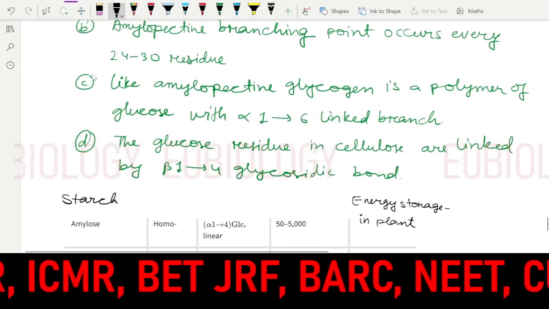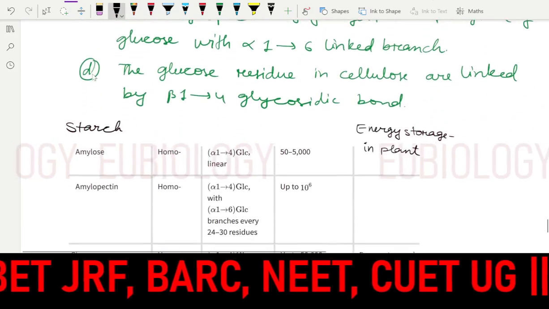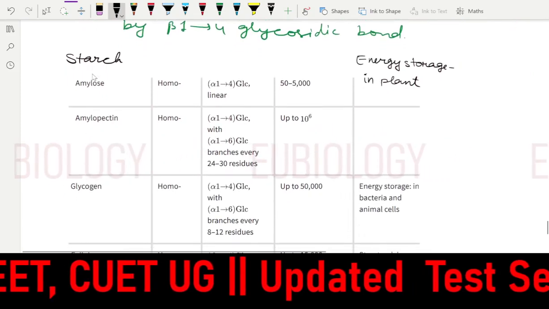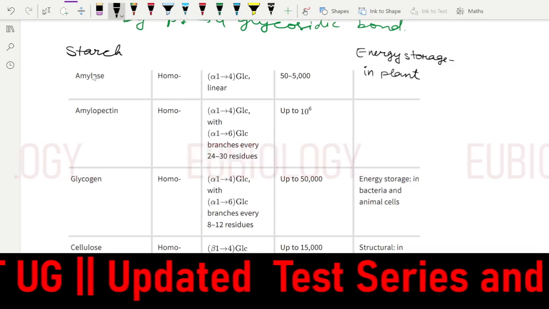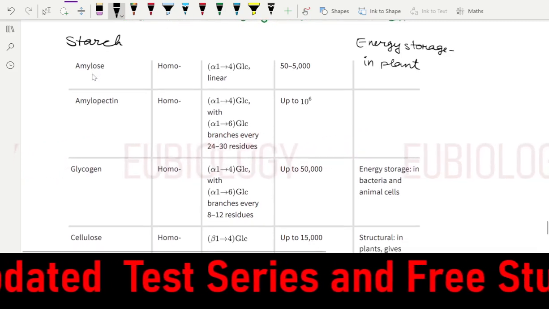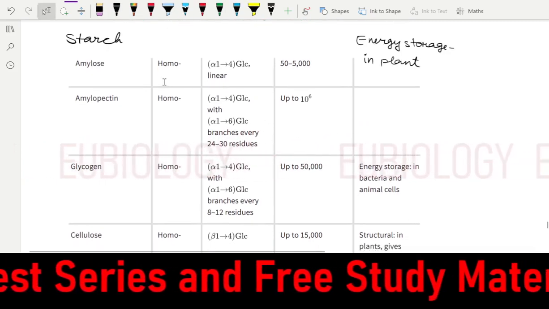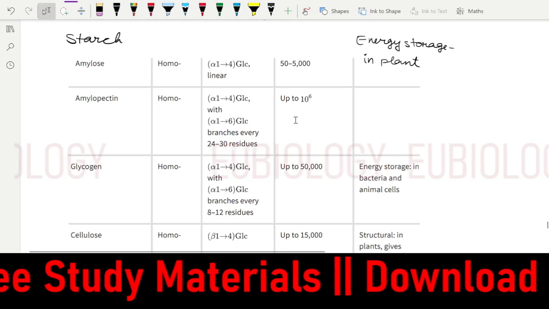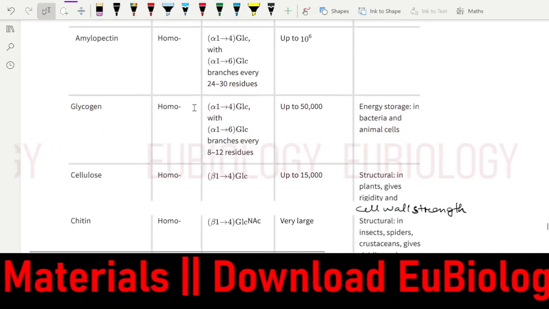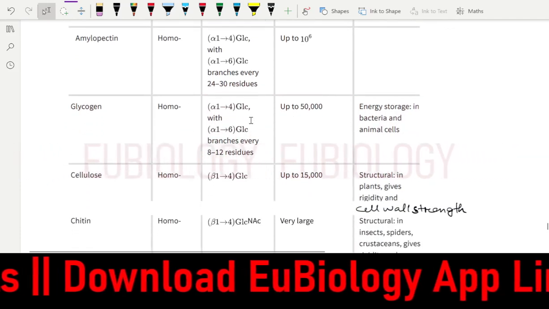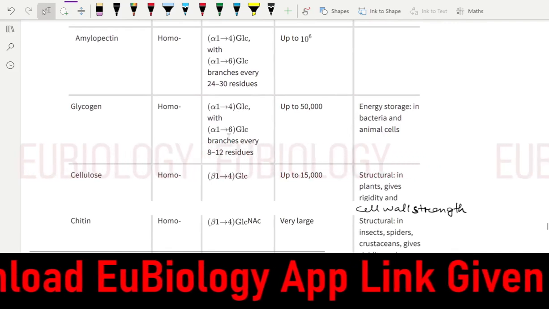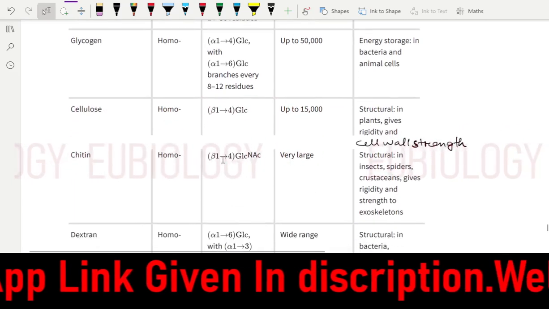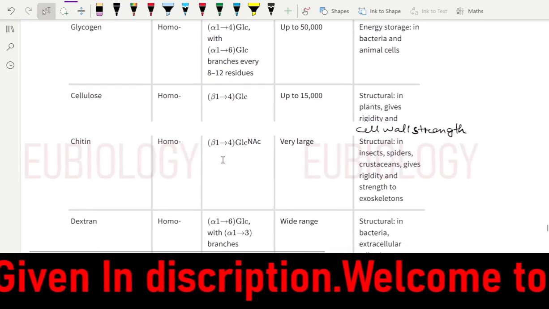Before leaving this video, this is a very important chart. You can copy it and remember it. Whatever we studied till now is concluded in this table. So starch will have the amylose and amylopectin, and both are homopolysaccharides. This type of bonds will be there. Glycogen is a homopolysaccharide, alpha 1,4 glycosidic bond, alpha 1,6 branch at 8 to 12 residues.